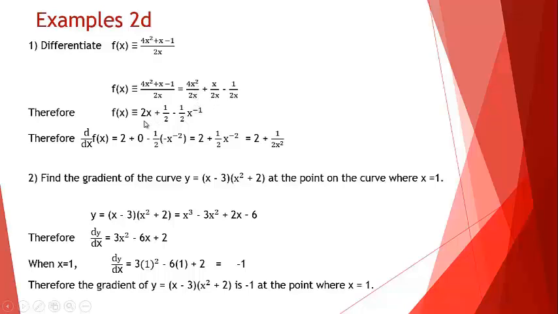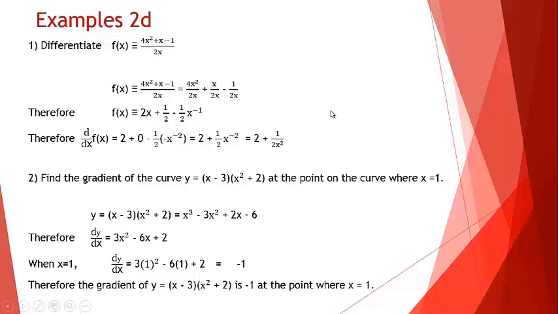So we get 2x when we divide 4x squared by 2x. 4 divided by 2 is 2, and x squared divided by x would give us x. Similarly, we divide the top term by the bottom term, which would give us 1 half. And then we take the x to the top, which is x to the power -1. We get the expression as 2x plus 1 half take away 1 half x to the power -1.